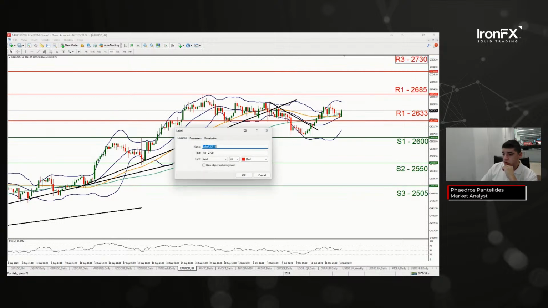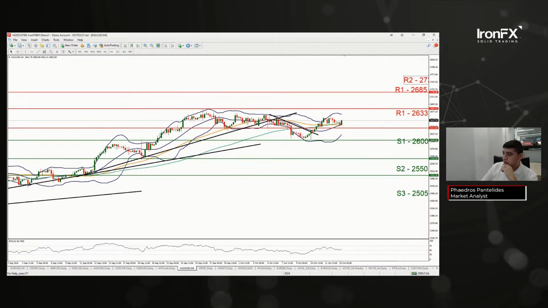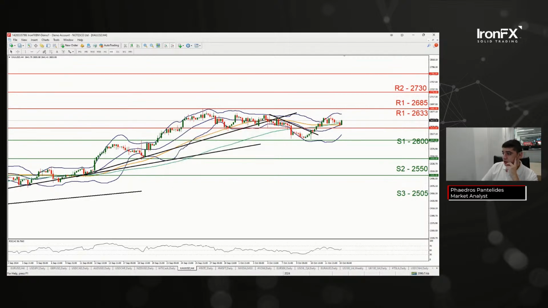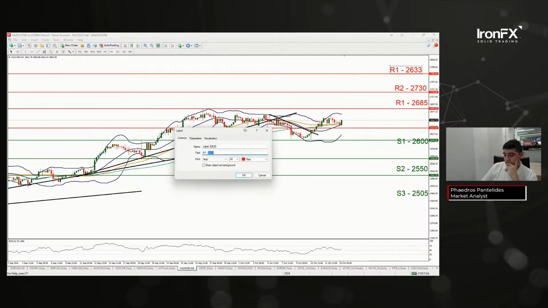Hypothetical resistance 2,730. And then let's say 2,780 roughly as a hypothetical resistance level at R3. You can also look at the on balance volume. That's a very nice indicator.